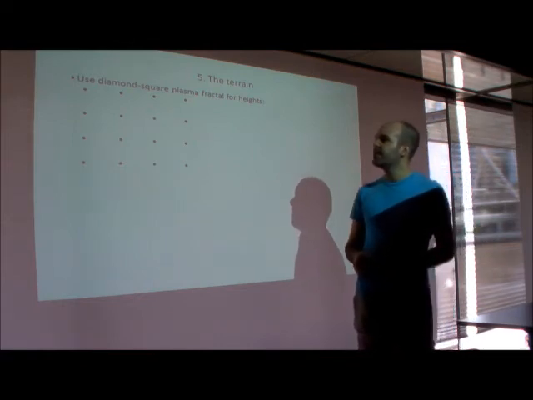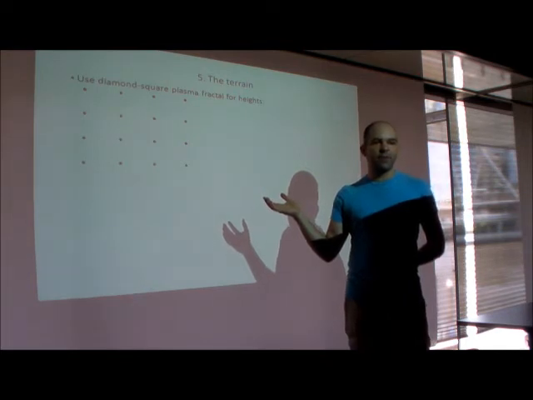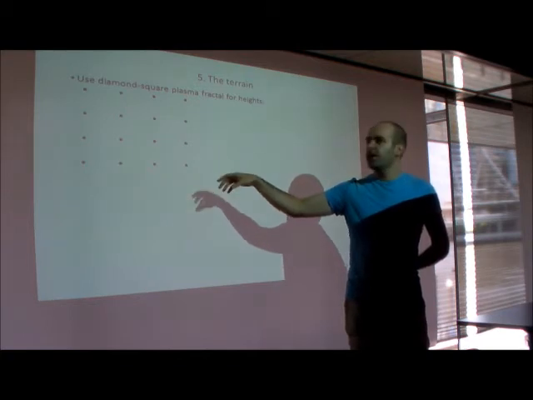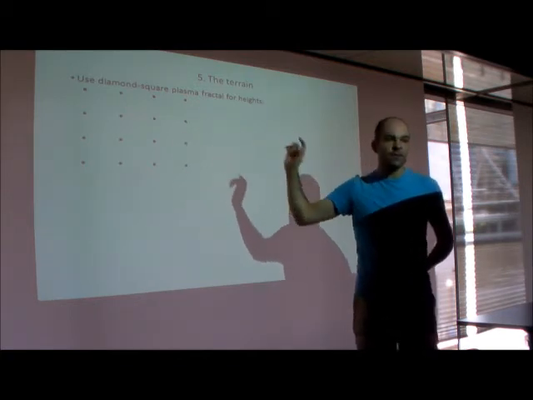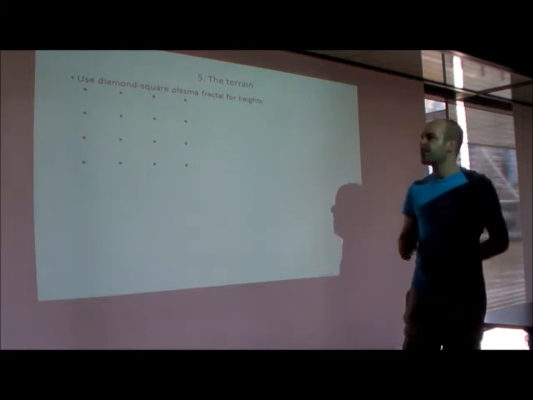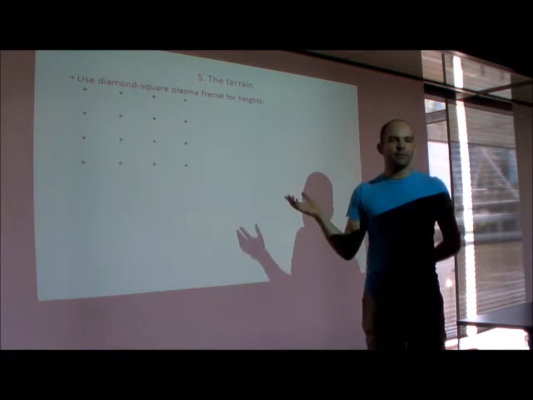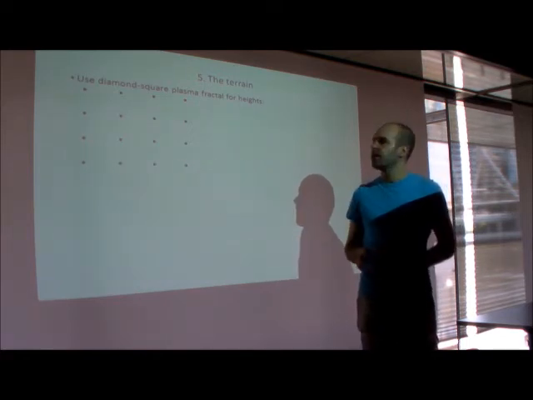Your problem is, how do you get all that detail in the mountains? We want a recursive system, so you start off with a very low detail mesh. Let's say that we've just seeded this with a few heights for each of these points. The algorithm then becomes, how do you generate a high detail mesh from this low detail mesh?